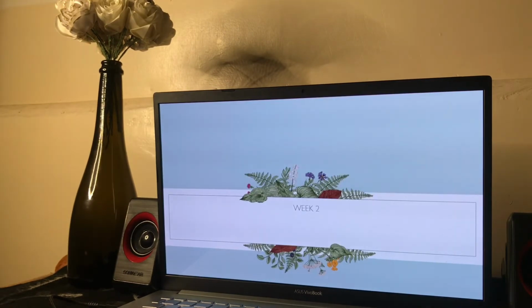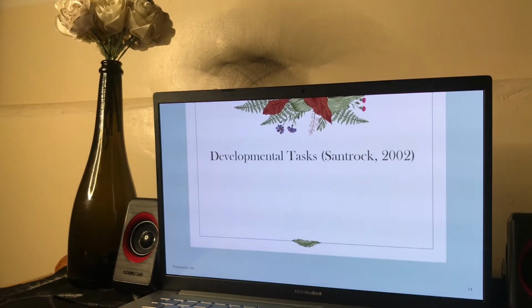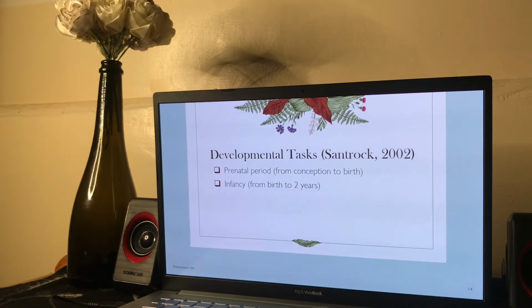So let's proceed to the week 2 lesson. Our week 2 lesson is entitled Stages of Development. These are the developmental stages according to Santrock 2002. First is prenatal period. Next is infancy, from birth to 2 years.